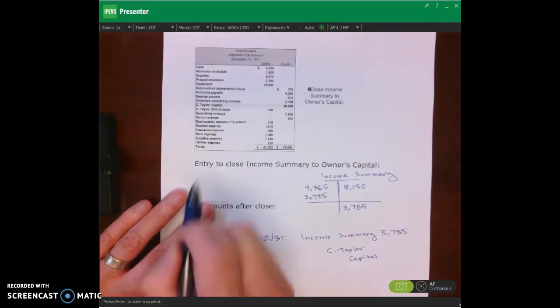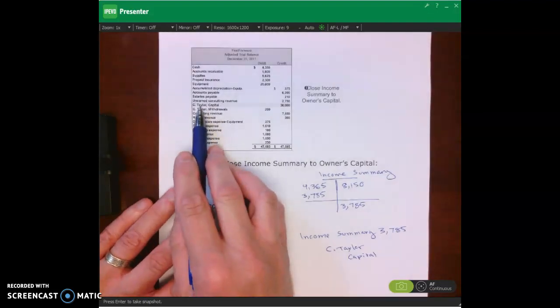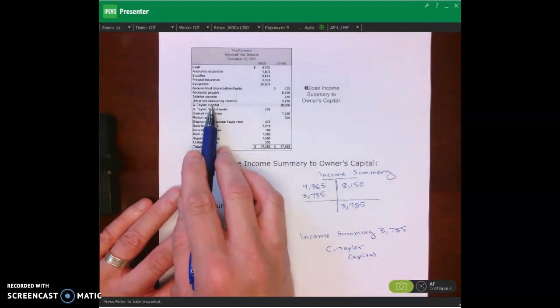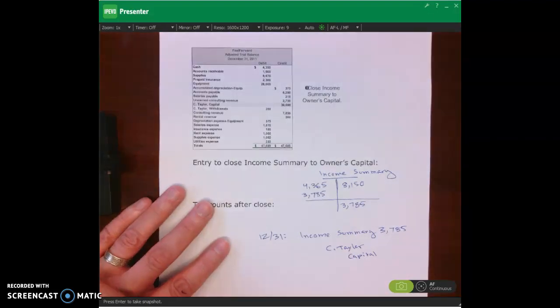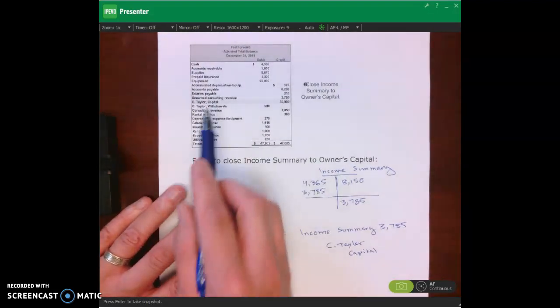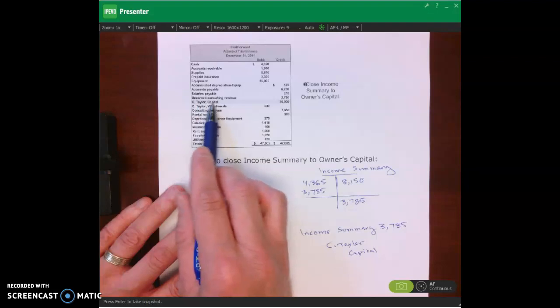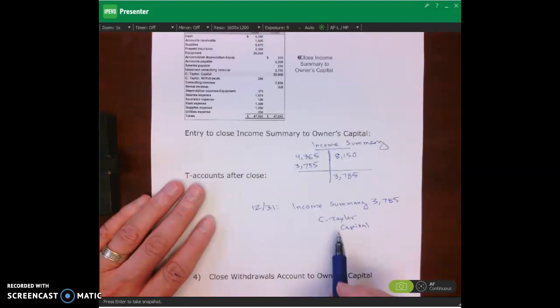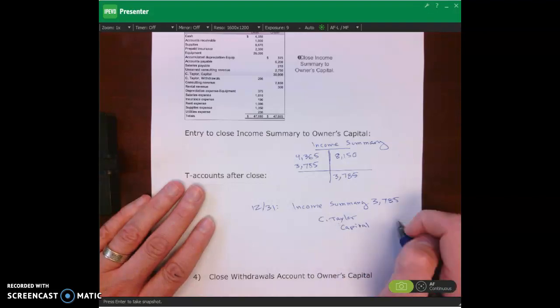And why is it C. Taylor Capital? We'll look at the adjusted trial balance. It says C. Taylor Capital right there. Credit of $30,000. Okay, so that's my capital account. That's the name of my capital account because it says it right there. I will credit capital for the amount here in my income summary.